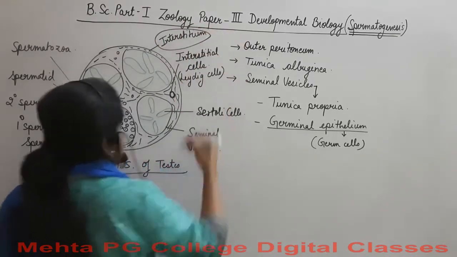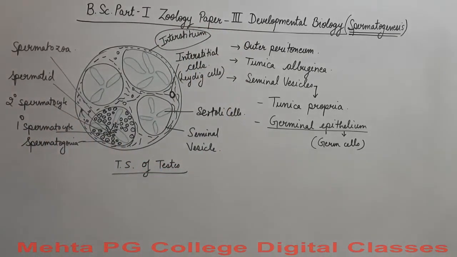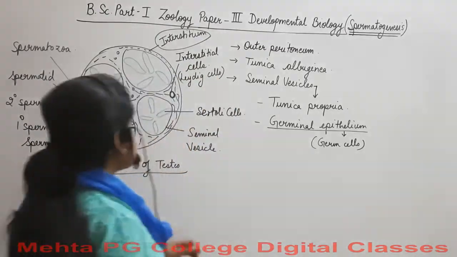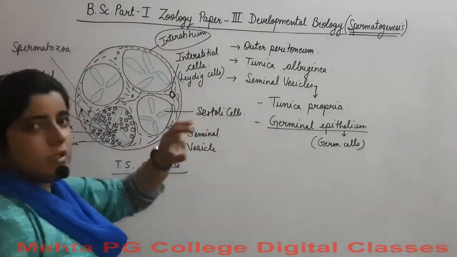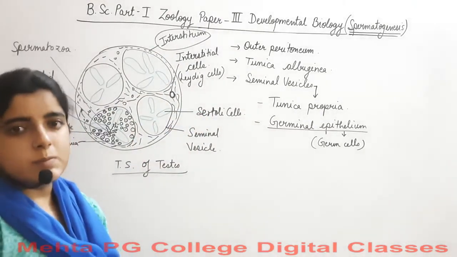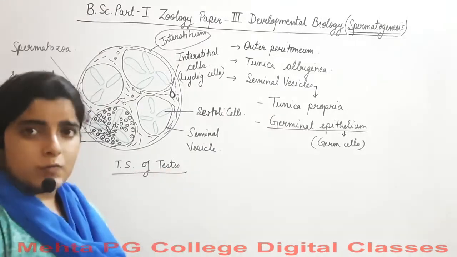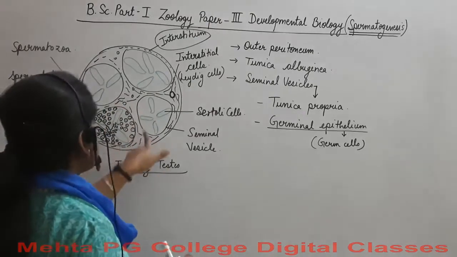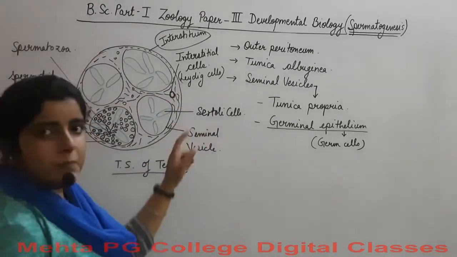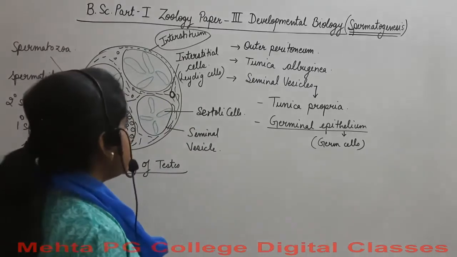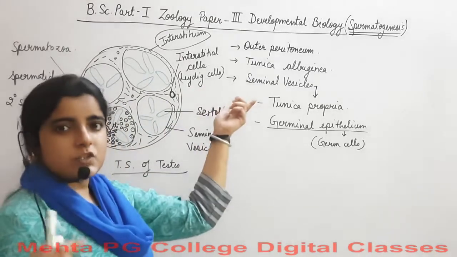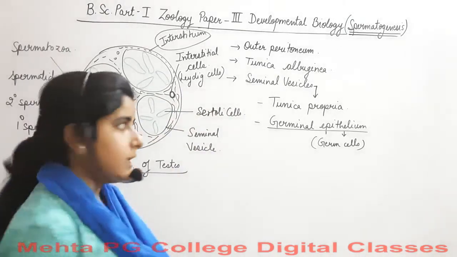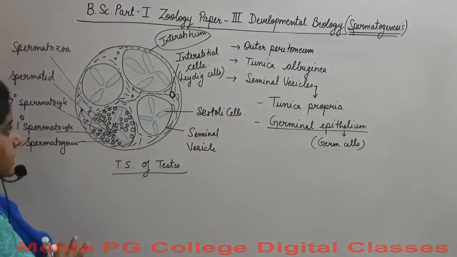This interstitium portion contains interstitial cells or Leydig cells, and in this interstitium there are blood capillaries, blood vessels, plus nervous tissues, plus connective tissues. All these are present in this interstitium part. And the cells present in them are called Leydig cells. Right? We are very much clear on this?